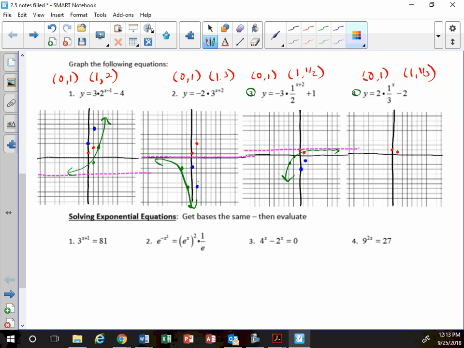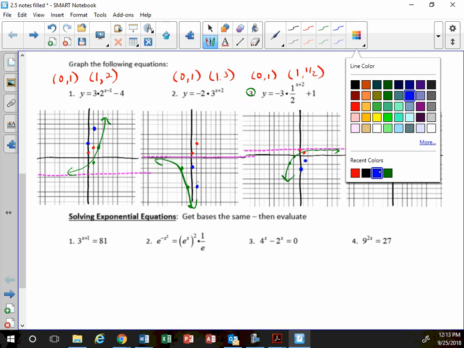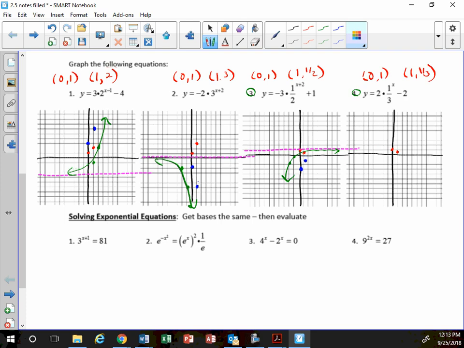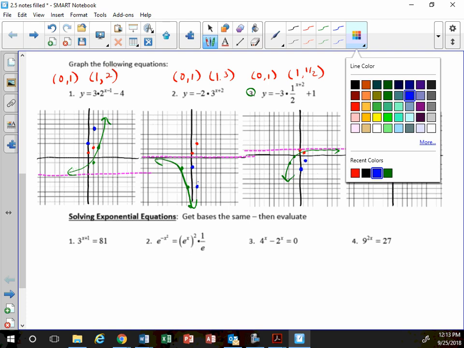So your points this time were (0, 1) and (1, 1/3). Then we need to multiply by 2, so I'm going to get (0, 2) and (1, 2/3), which is really 1/3 and 2/3 on this teeny tiny graph. Not much is happening there, okay? And then all I'm doing is shifting down 2.